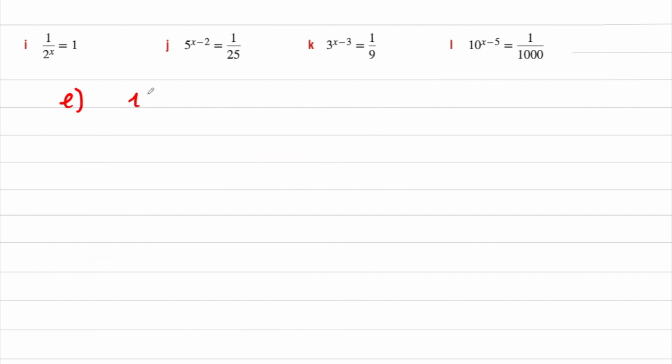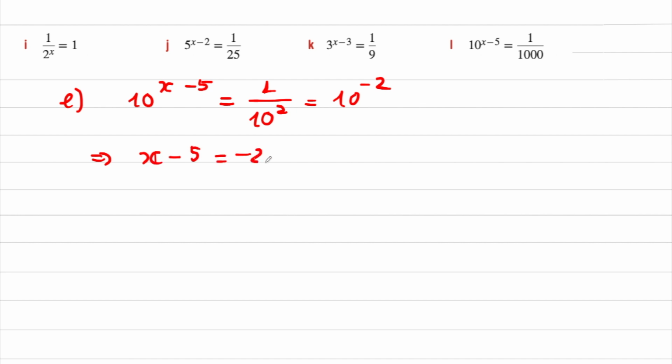Question L, 10 to the power h minus 5 equals 1 over 10 squared. This means 10 to the power of minus 2 here. So h minus 5 equals minus 2, and then h equals 5 minus 2, h equals 3.